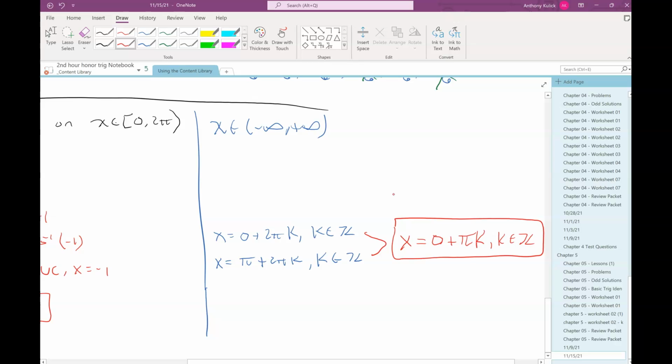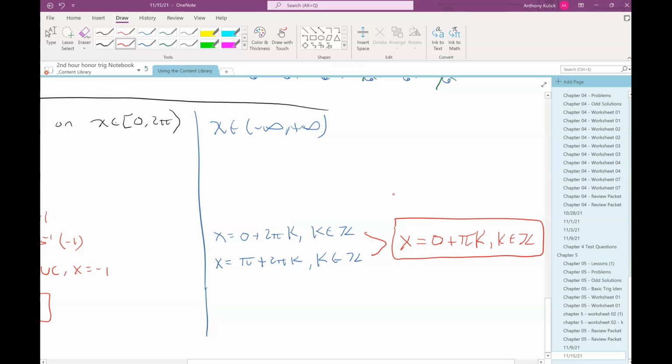So there's a situation like John was mentioning, like, hey, can sometimes we combine these two solutions into one representation like this? That's a situation where that could happen. So speaking on this sort of situation, if you looked at my answer keys, this would be how I would represent my answer on the answer key.